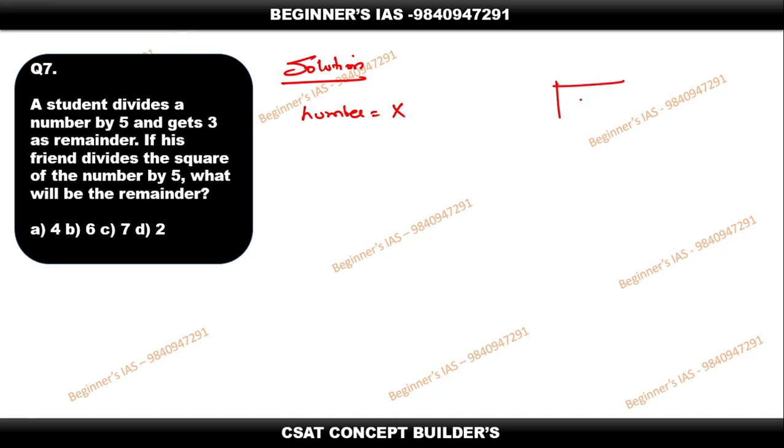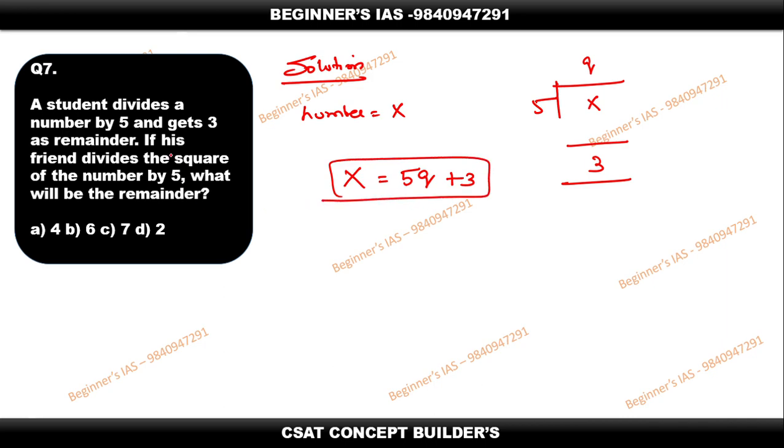When that student divides that number by 5, surely you get some quotient. They gave only the remainder, 3. According to the division algorithm, a dividend is equal to quotient into divisor plus remainder. Now move on. Read the question. If the friend divides the square of the number, this is the square of the number.